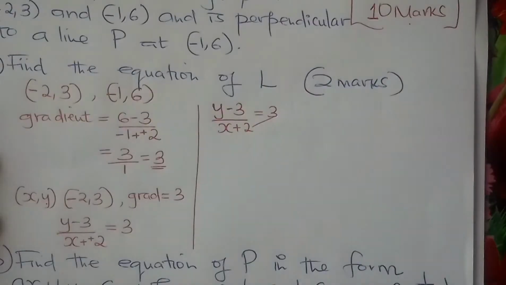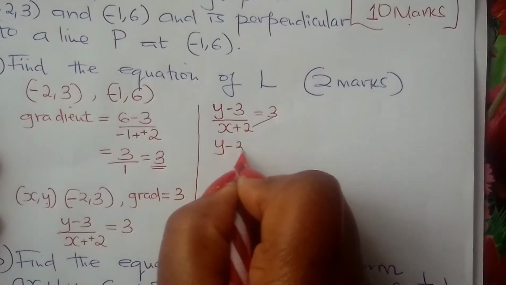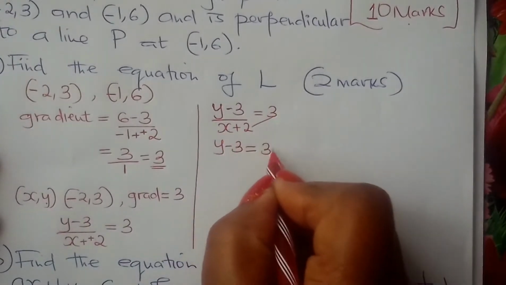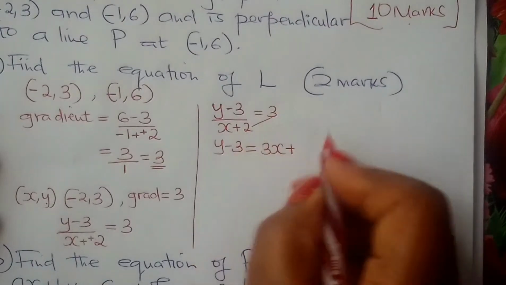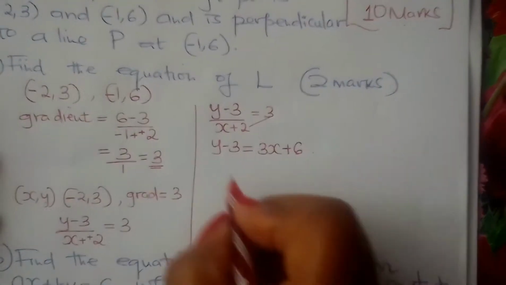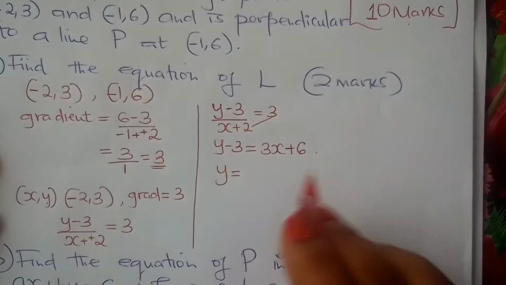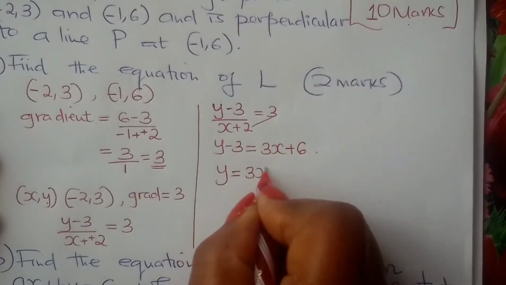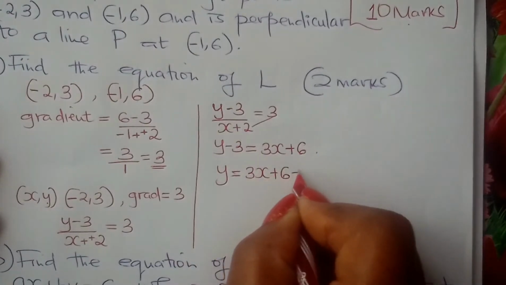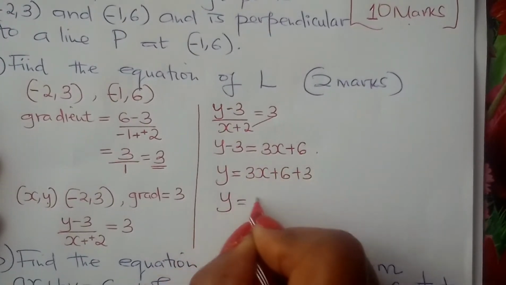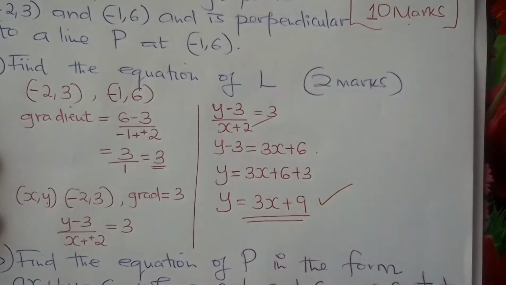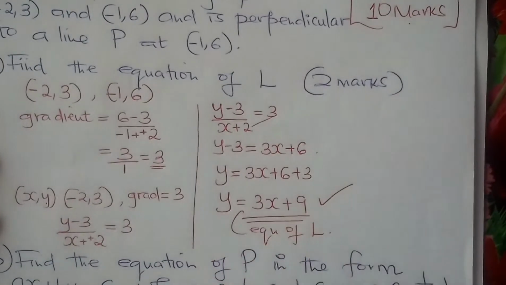Cross multiply, learner. So y minus 3 is equal to 3x plus 6. Make y the subject of the formula by taking -3 to the other side. So y is equal to 3x plus 6 plus 3. And so y is equal to 3x plus 9 is the equation of line L.